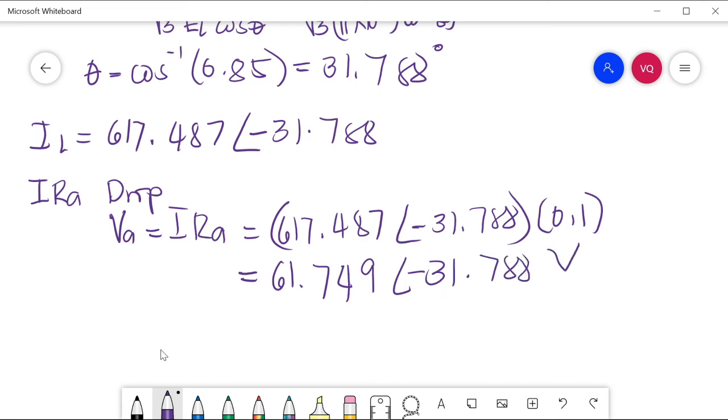For the IXS drop, let's say this is VS for synchronous.